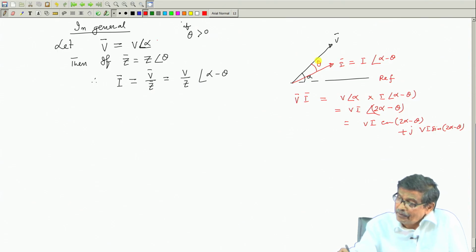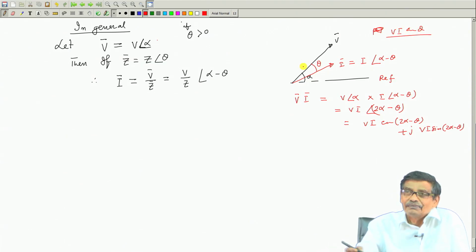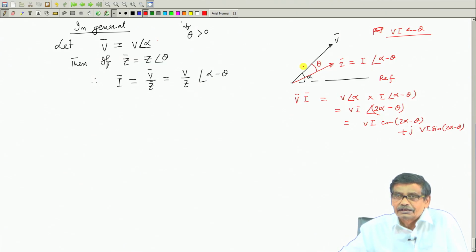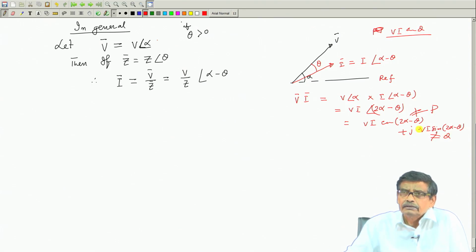But the real power, I know, should be equal to V I cosine theta only, the angle between voltage and current phasor. Therefore, this real part of V I does not give you P, nor is this Q obtained. This is not equal to P, not equal to Q, something else you are getting, that is of no value to us.